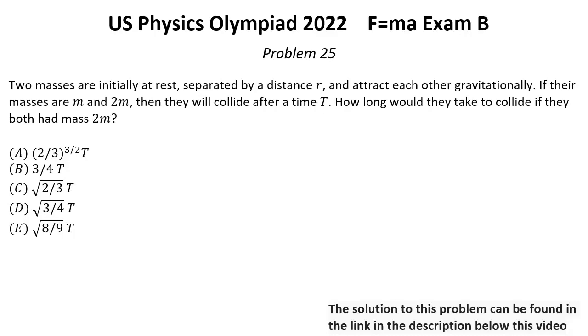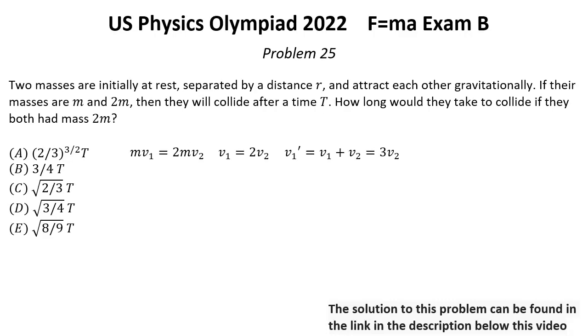Here we can use energy conservation and momentum conservation. First, let's use momentum conservation. We have m v1 equal to 2m v2. It means that v1 equals 2 v2, and the relative speed v1 prime equals v1 plus v2, or 3 times v2.